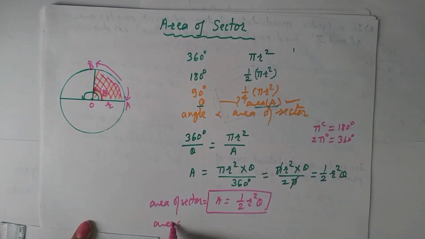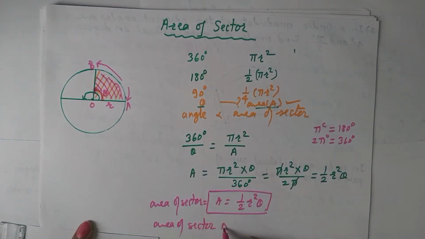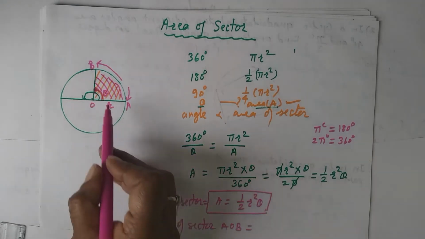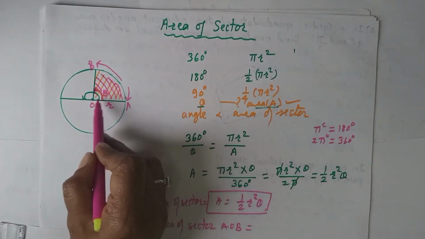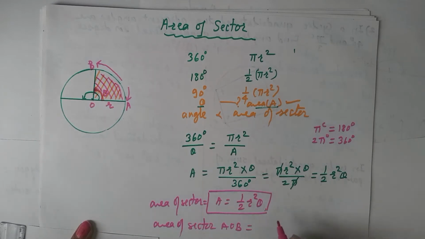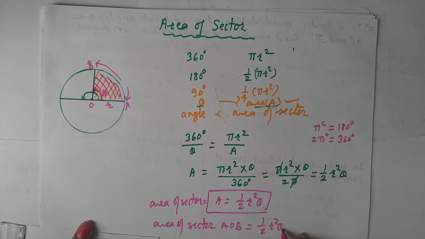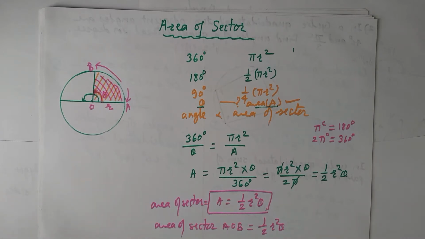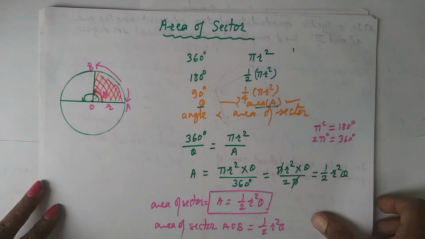I can write the area of sector AOB, where this arc AB makes angle theta at the center of the circle and r is the radius, as half r square theta. You always remember that the area of a sector is half r square theta, where r is the radius of the circle and theta is the angle made by that arc at the center of the circle. Okay. You remember this formula, and let's solve problems on area of sector.